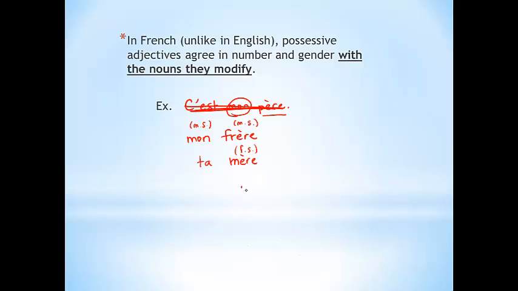Okay, so your grands-parents with S, grands-parents on both. Okay, because it's plural. And we want either the plural to refer to everyone in the class, your grandparents, or for a formal address.